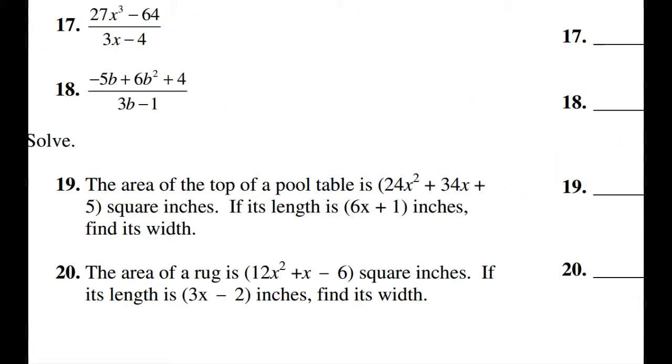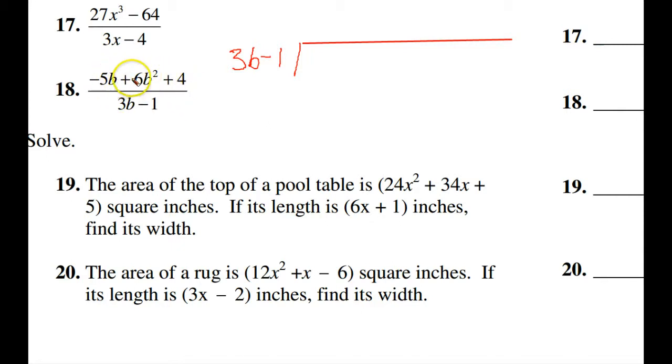Now, they didn't give you really many difficult ones here. I like this. They're giving you some drill in the basics. But as we look at number 18, this is a little different. So let's start to set it up. So it's going to be 3b minus 1 divided into, now notice the way it's set up.